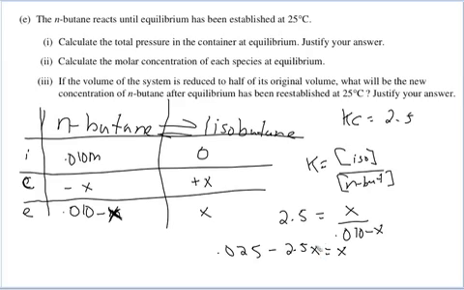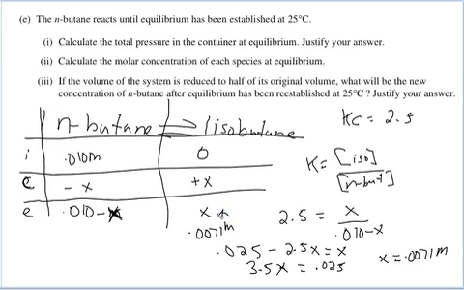Moving the x's to the other side, we get 3.5x equals 0.025, so x equals 0.0071 molar.